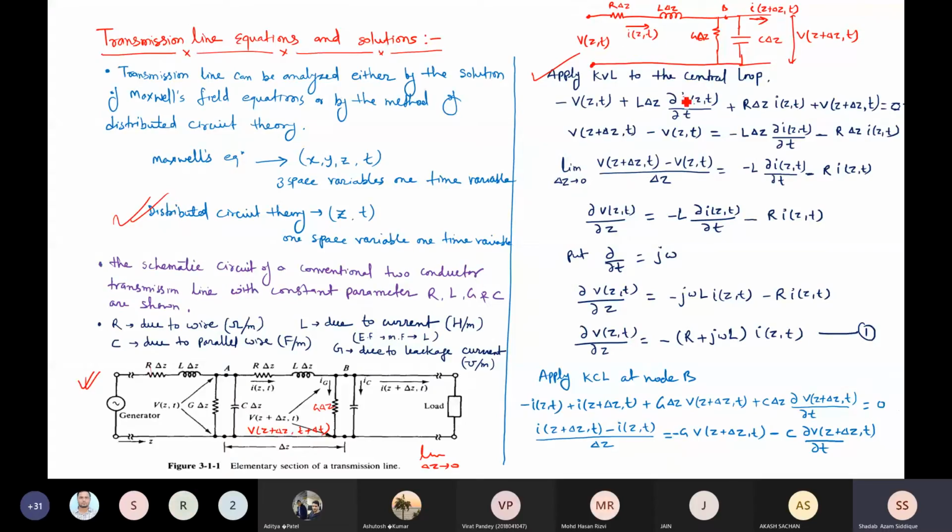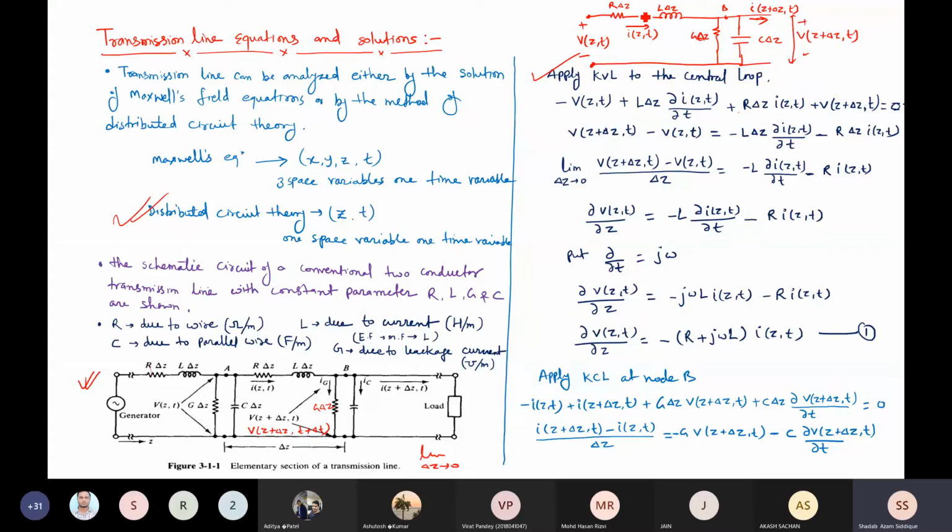Now if you apply KVL, we will apply from this point. So minus V(z,T) plus I(z,T) into R Δz, V is equal to IR, plus L Δz ∂I(z,T)/∂t, because L di/dt will be there. So minus V(z,T) plus L Δz ∂I(z,T)/∂T plus R Δz I(z,T) plus V(z+Δz,T).